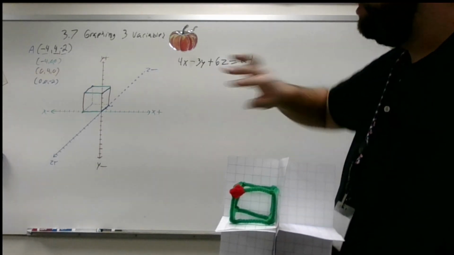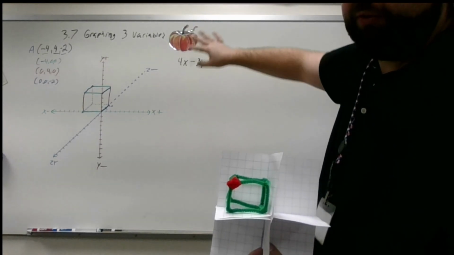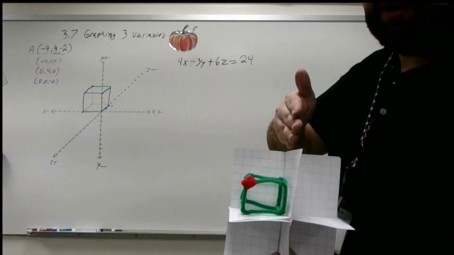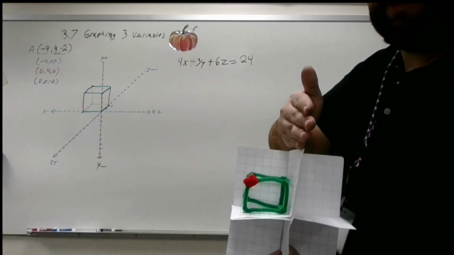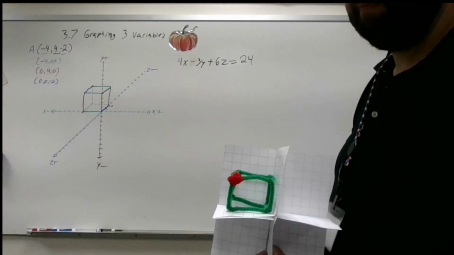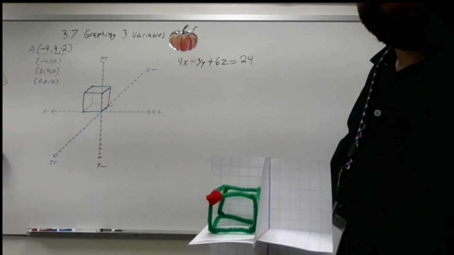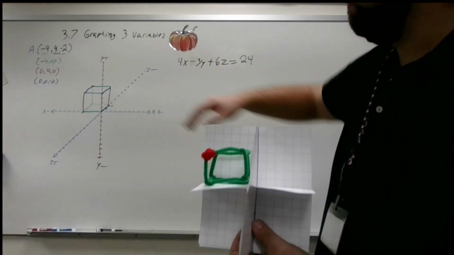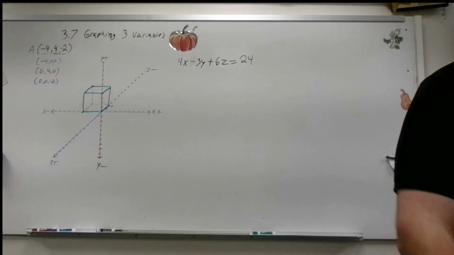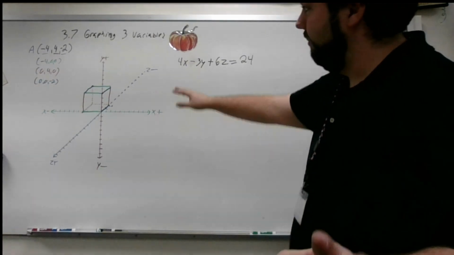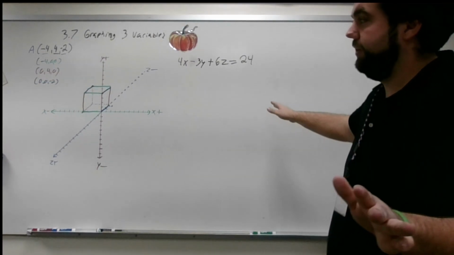I had to turn it because it's behind, it's backwards. This is my z-axis. I went back 2, I went negative 4, and I went up. Or, no, I went up 4, I'm sorry. So that's how we graph a point. Hopefully that helped. I think my cube looks pretty good.